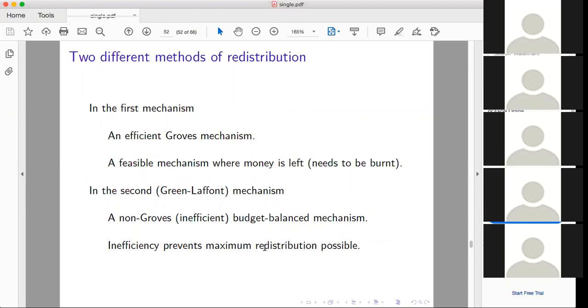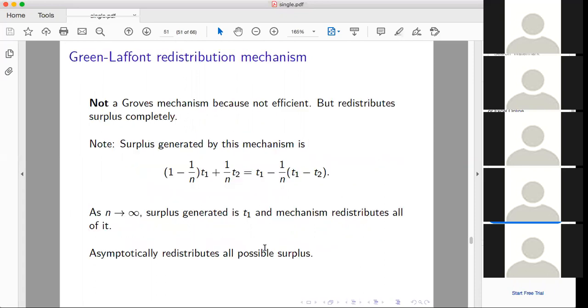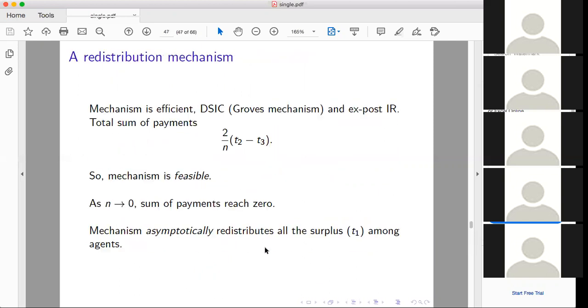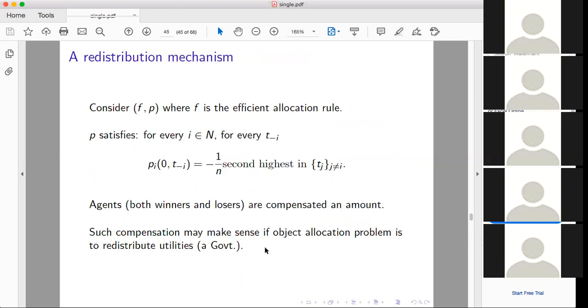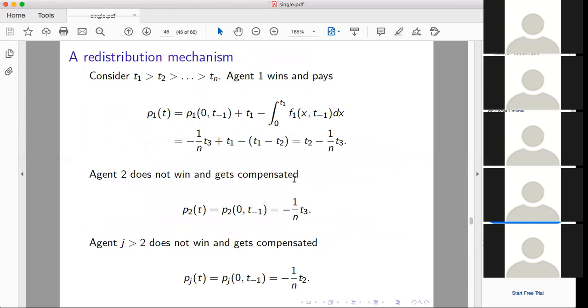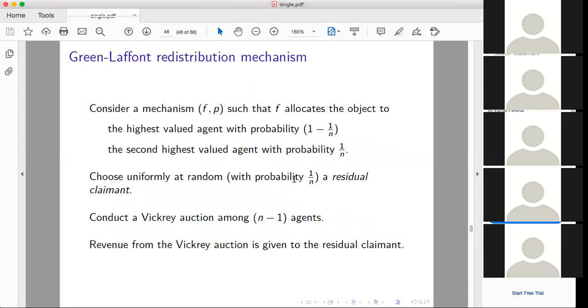Okay, so these are two examples that I wanted to give, just to give you a flavor of how you can use these DSIC characterizations to construct particular mechanisms. In the first case, we just played with the PI zero terms to construct a mechanism which can redistribute a lot of surplus. In the second case, we simultaneously played with F and PI zero.